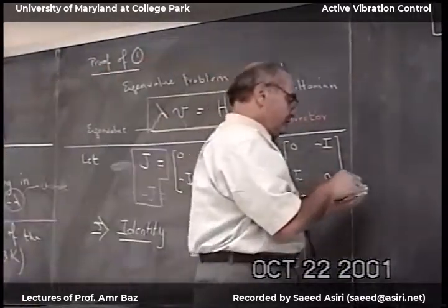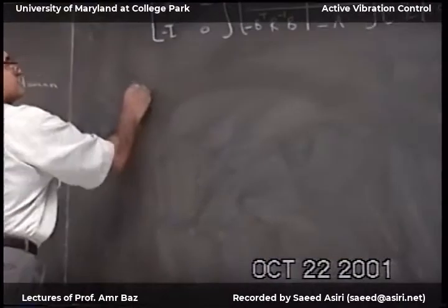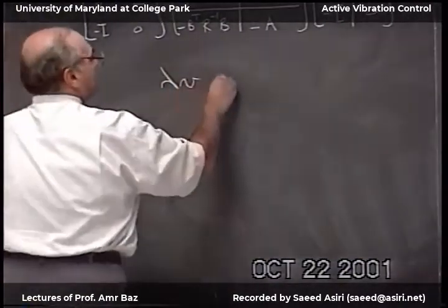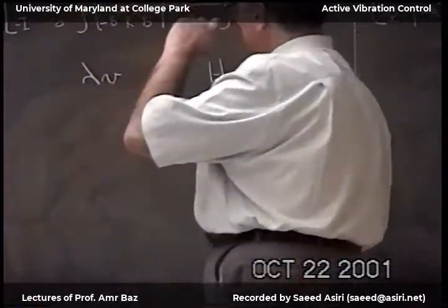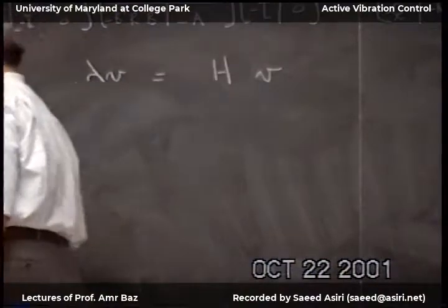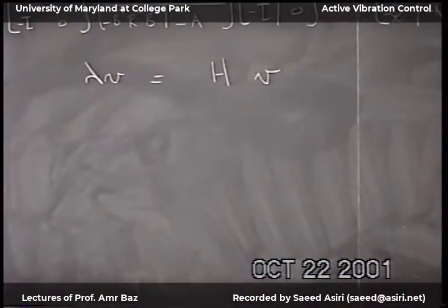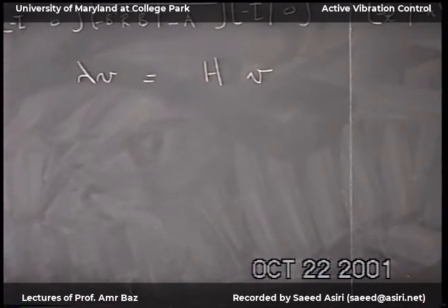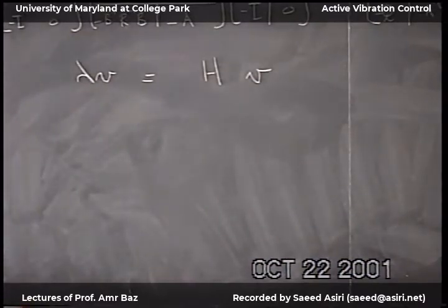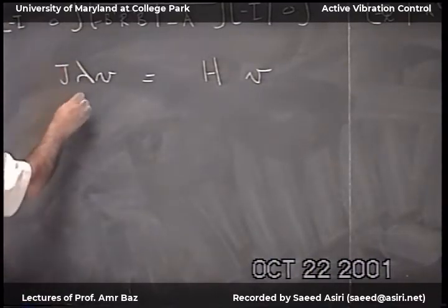So in the top equation, I'll come here and multiply times J and J.